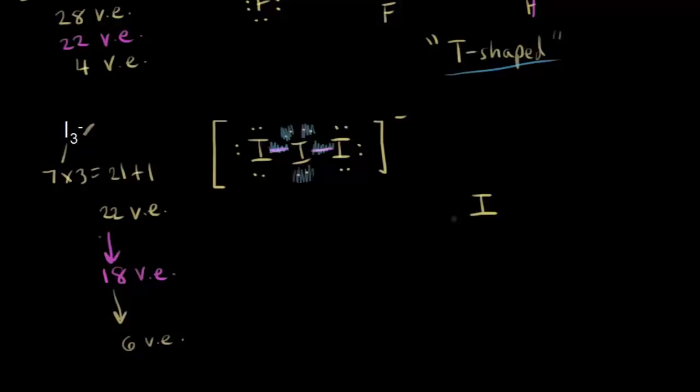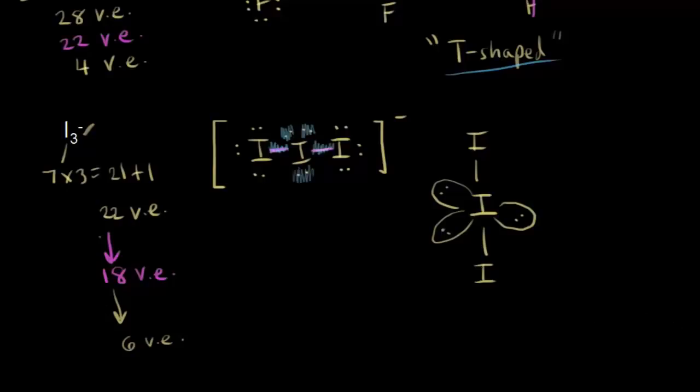So we have 3 lone pairs of electrons that surround our central iodine. We're going to put those 3 lone pairs equatorial like that. And then we still have 2 iodines, and so one iodine would have to go axial up here, and the same thing for the other iodine down here. And so I'll just leave off the lone pairs of electrons. And so this is what our ion looks like.